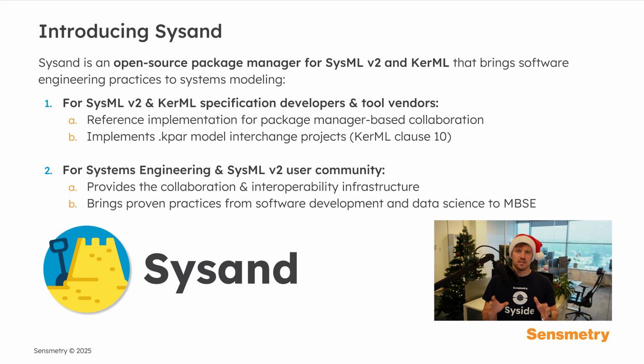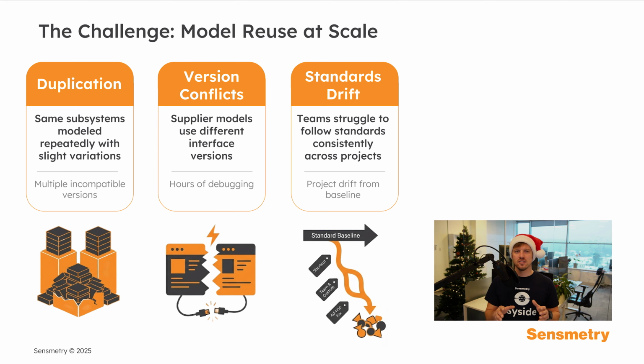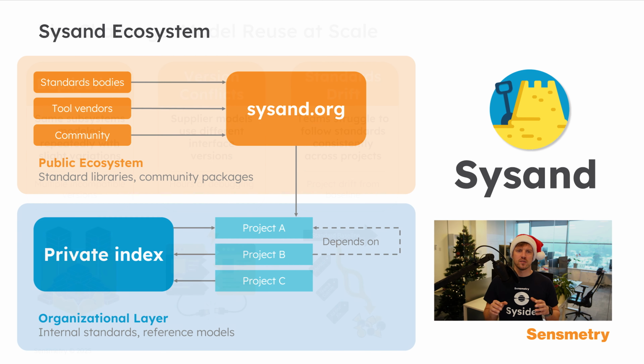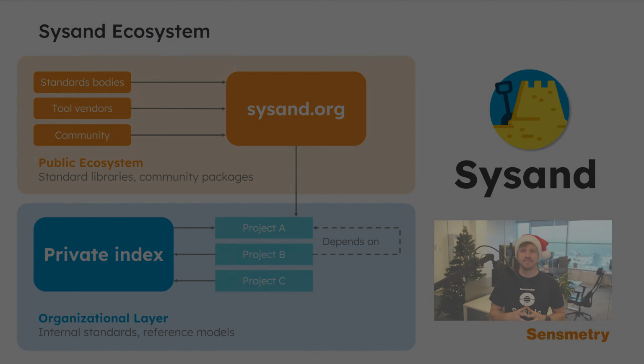Same principle, different scale. This solves real engineering problems: version mismatches across teams, duplicated modeling effort, and difficulty enforcing standards. Whether for design reuse, compliance, or supplier integration, package management brings software engineering discipline to systems modeling.